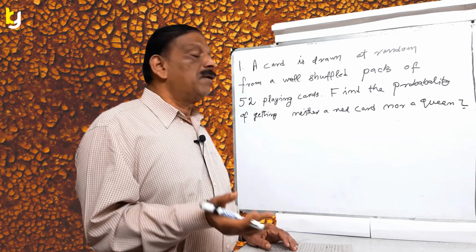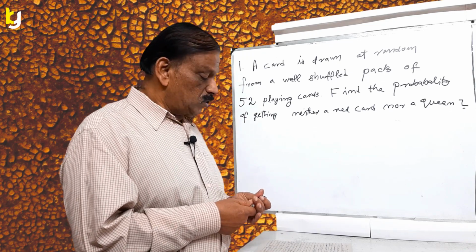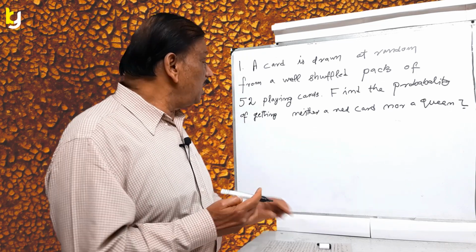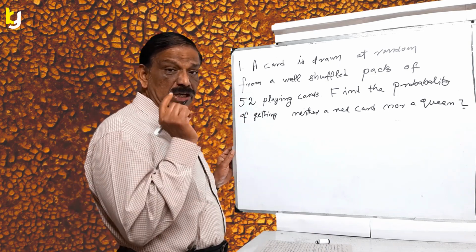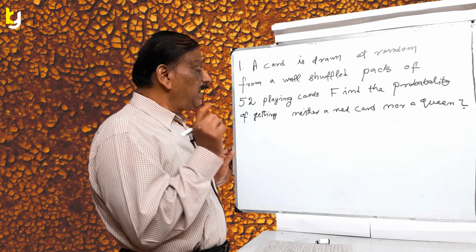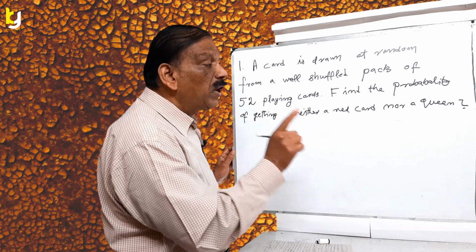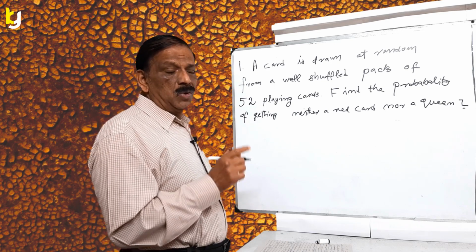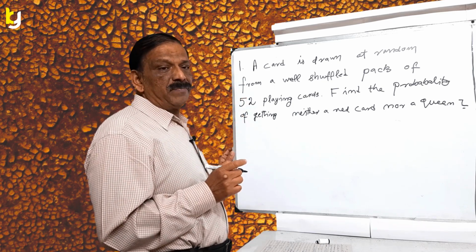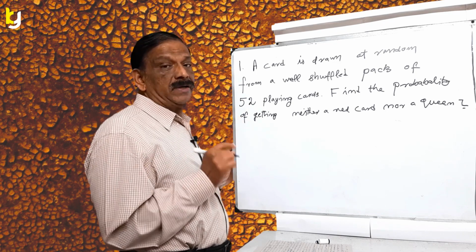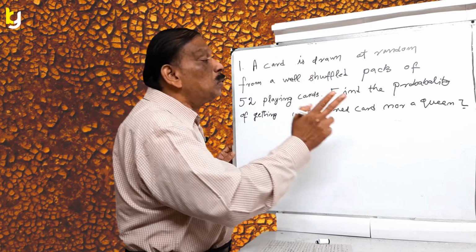The total number of black cards will also be 26. So in this case, the total number of red cards will be 26. Then neither a red card nor a queen. So in those 26 red cards, 2 red queens will be there. So the remaining 2 black queens will be there.